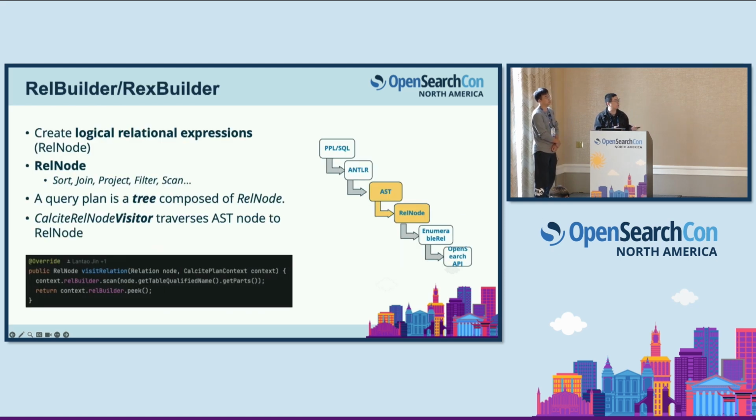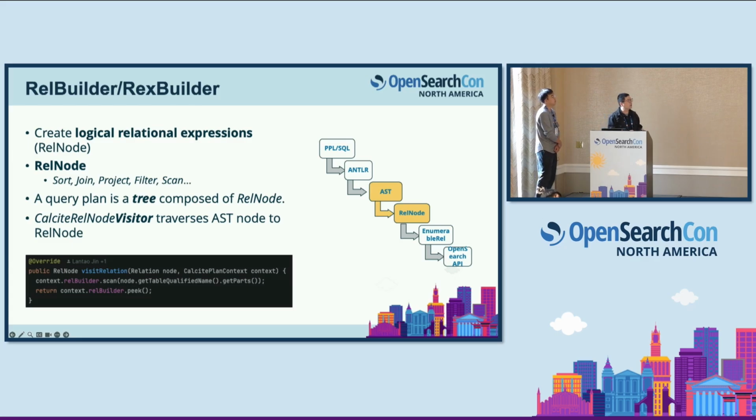Okay, we will go through the details. Since we already have the AST in V2, we want to reuse that, so we didn't start from the SQL interface. We just use the AST and the RelBuilder, which is a tool in Calcite.